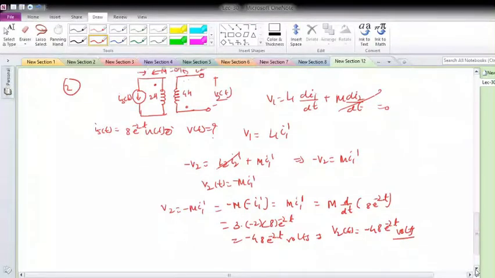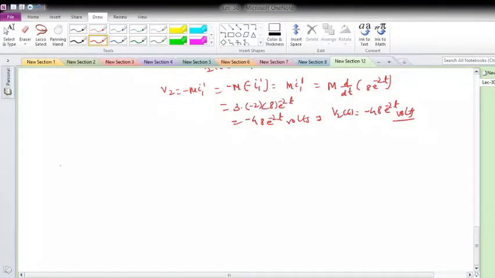Okay, that way we can solve. Now next example, say I have the coupling like this, I have the transformer this way.